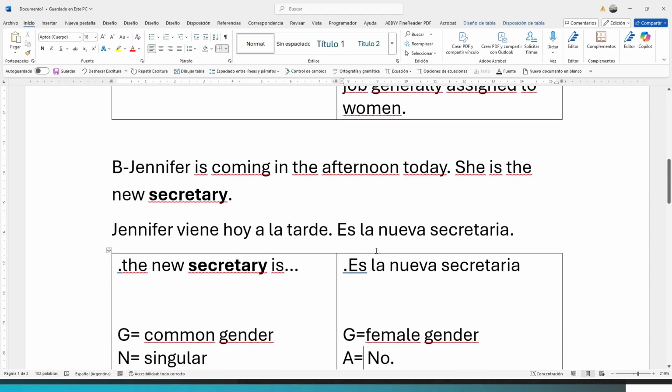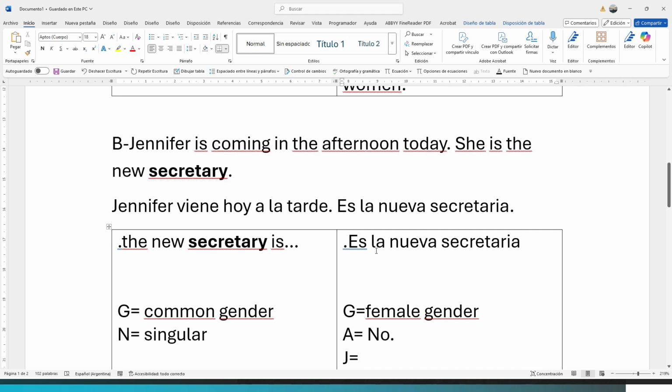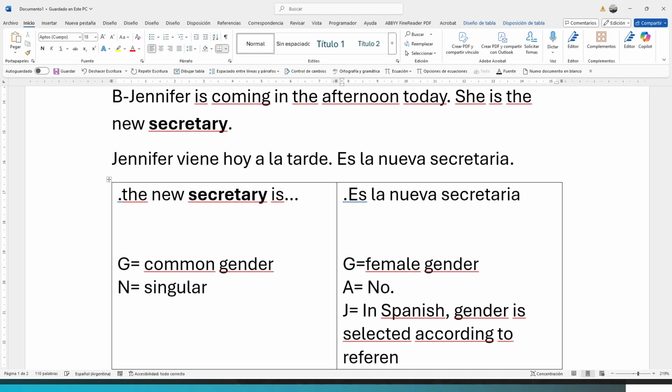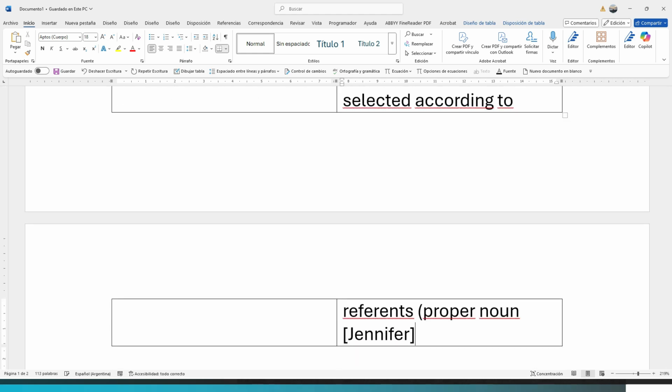So, what happens here? Why do we not have ambiguity in Spanish? Because gender in Spanish is selected according to reference. In this case, what are the reference? The proper noun, Jennifer, and what else?